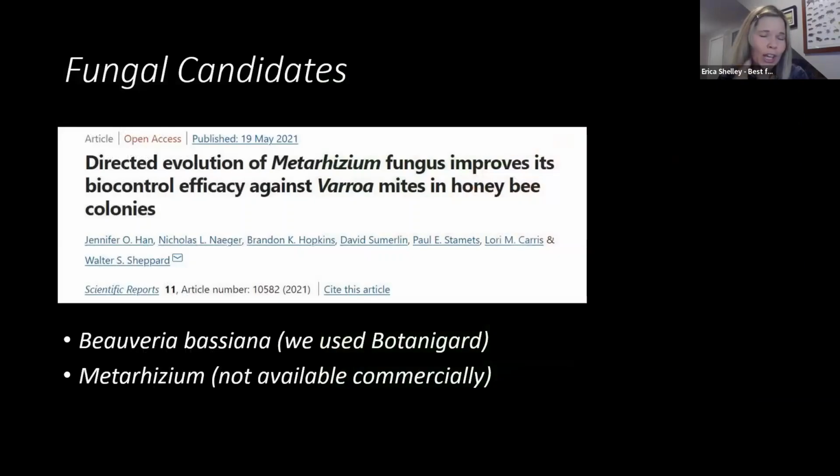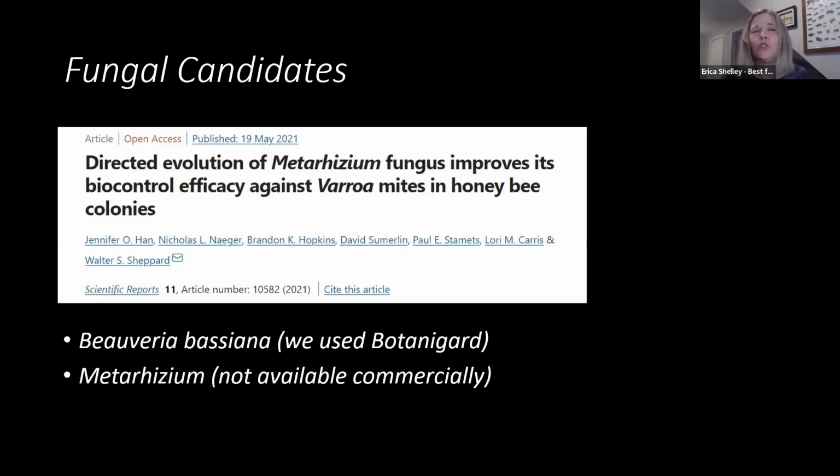Now, we originally were going to use something called Met52, a Metarhizium, as well as BotaniGard, which both were already used for crops, for bee vectoring, and also just spraying by farmers for crops.